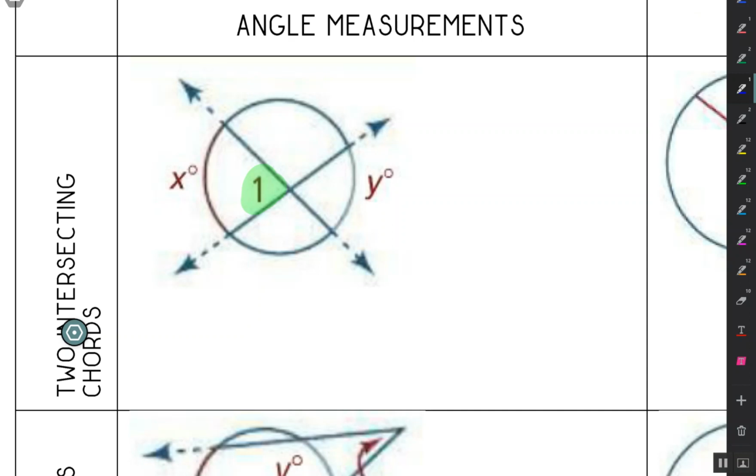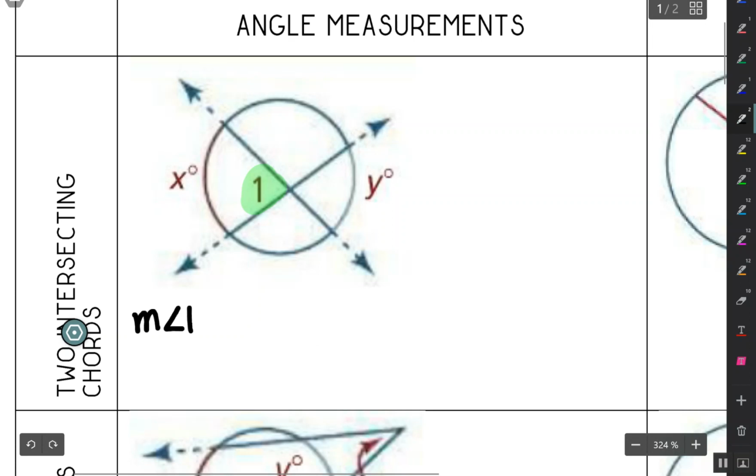So the theorem basically says, or the formula basically says, the measure of that angle, number 1, is equal to 1/2 times the sum of the 2 arcs, which are x degrees and y degrees.